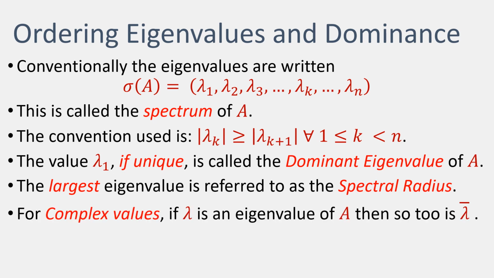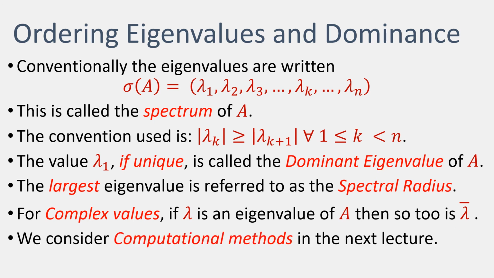For complex eigenvalues, what we can show is that if we have a complex eigenvalue of the matrix, then the complex conjugate of that value is also an eigenvalue. And what I'm going to be looking at in the next lecture are computational methods for eigenvalues and for eigenvectors.